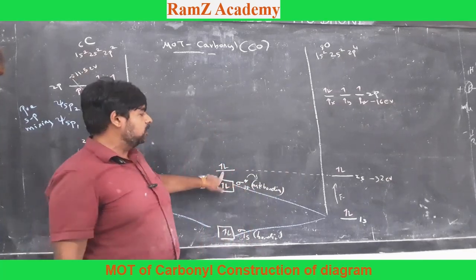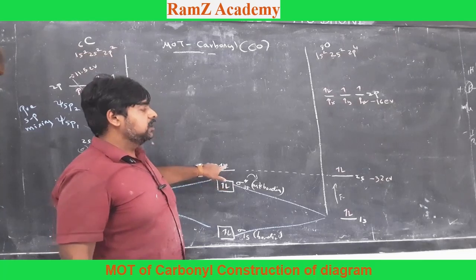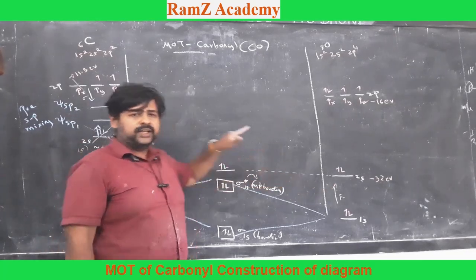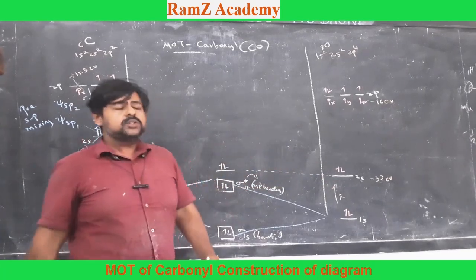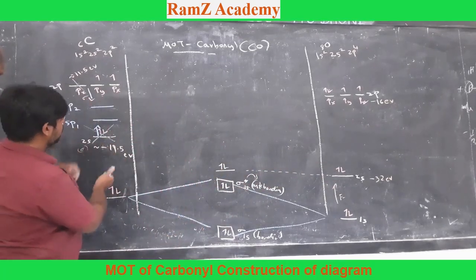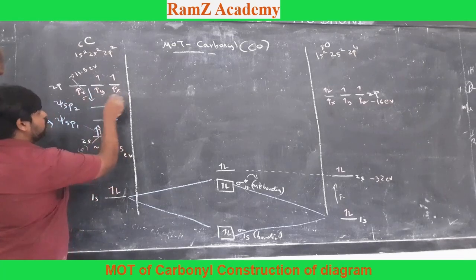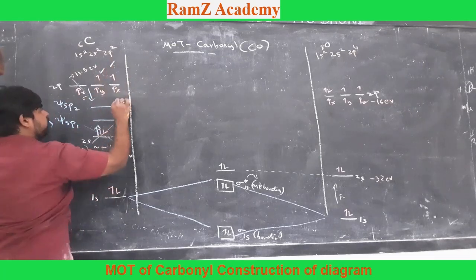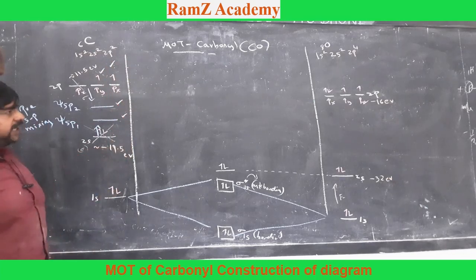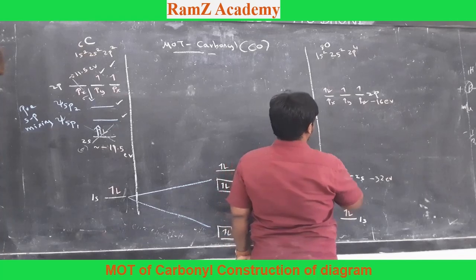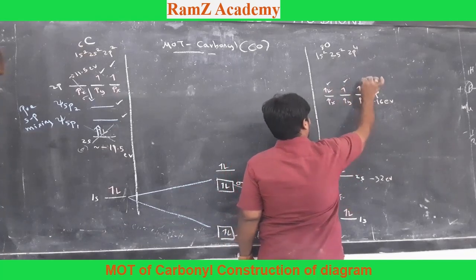Okay, so this is a molecular orbital, but it is not formed as a result of mixing of the orbitals of carbon and oxygen. Next, how many orbitals do I have here on the left? 1, 2, 3 and 4. So there are totally 4 orbitals on the left. Similarly, on the right hand side there are 3.